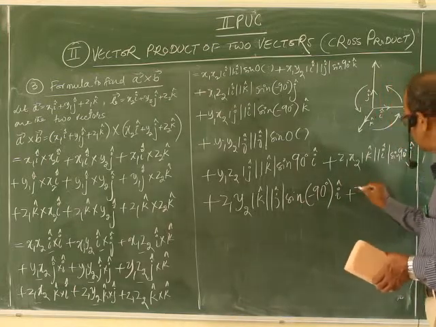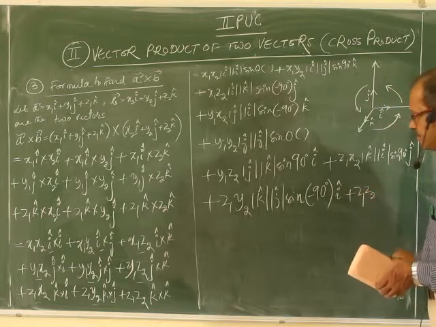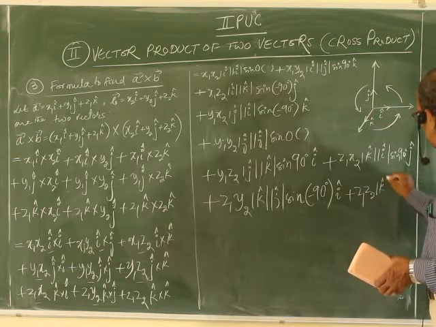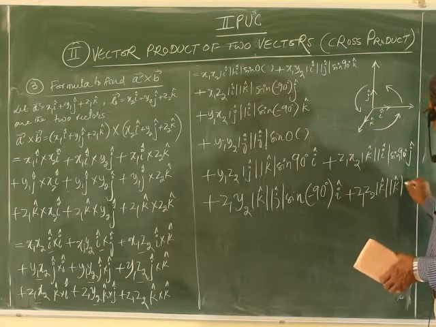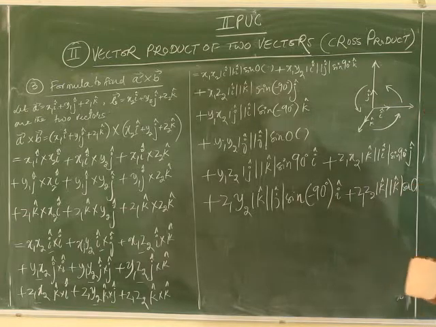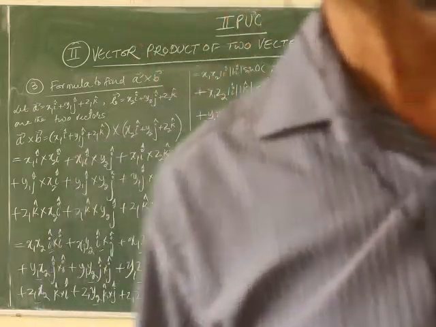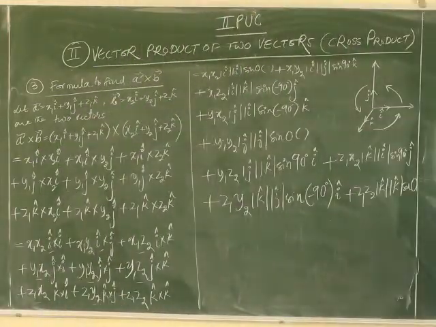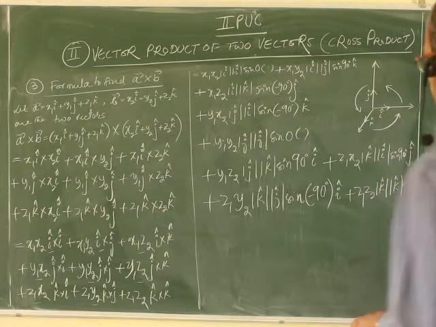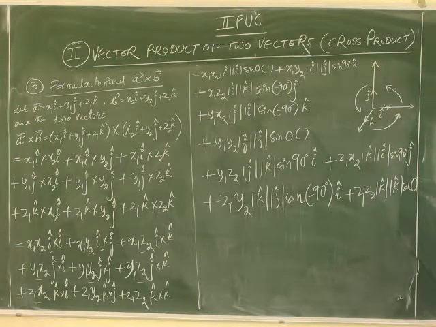Last one is z1 z2 mod k sine 0. Enough. Zero. Let me continue in the next video, okay?